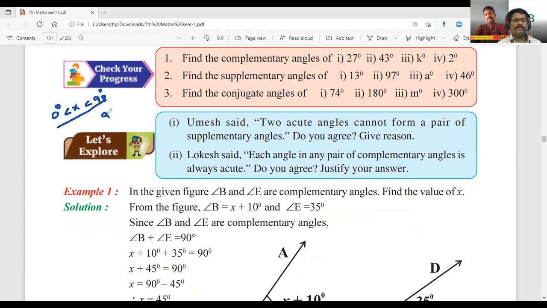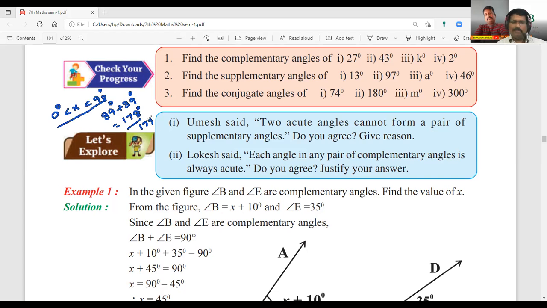Less than 90 means up to 89. So when we take 89 plus 89, that is 178. We can also take 89.5 or 89.9.